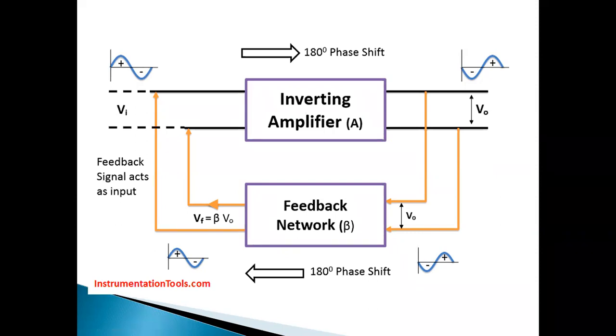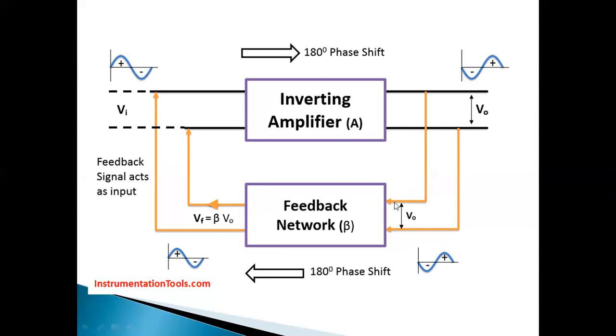So the inverting amplifier provides 180 degrees phase shift and the feedback network provides the remaining 180 degrees. If this signal is applied to the feedback network, it will be changed like this, and we get a positive going signal.